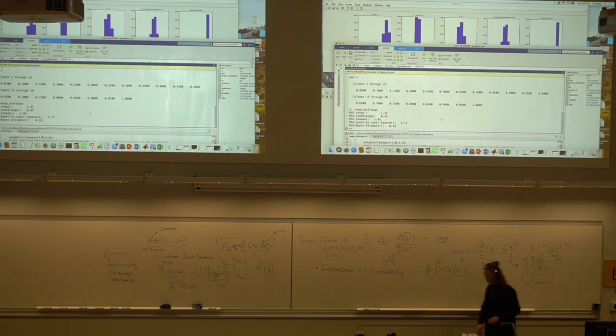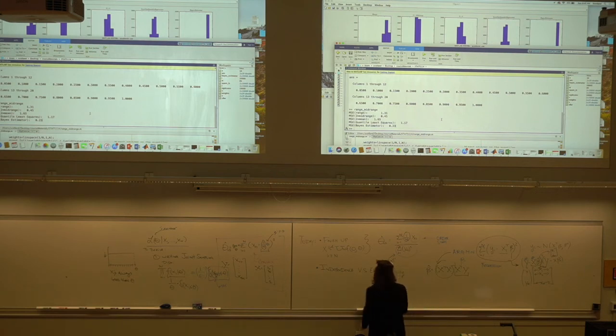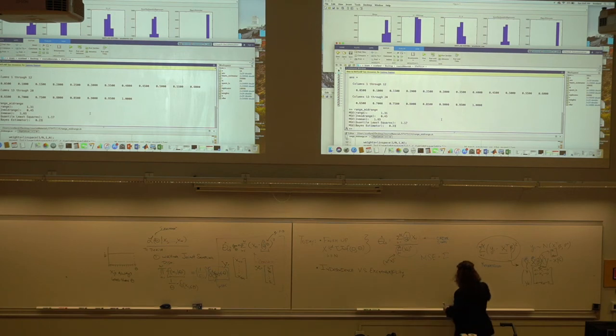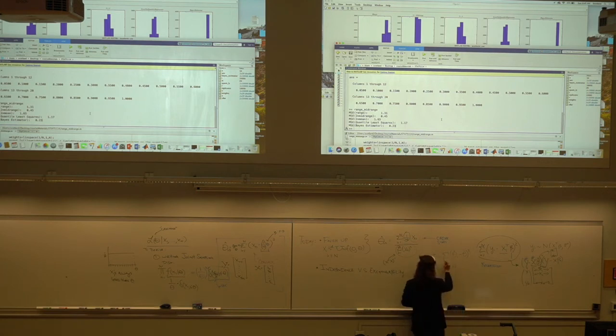So MSE is just this: the sum over r from 1 to cap R of (theta hat r minus true theta) squared, divided by cap R. So cap R is my number of replicates.